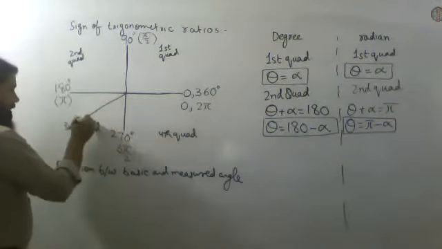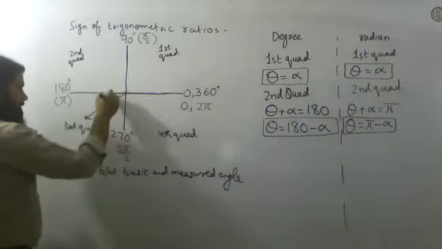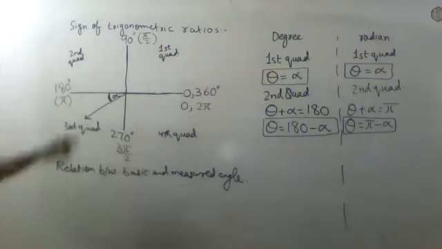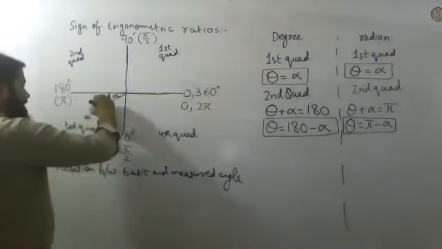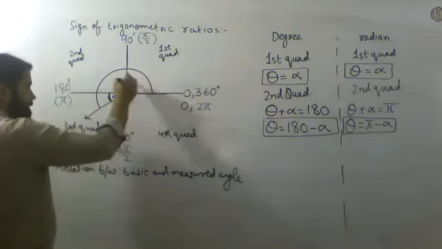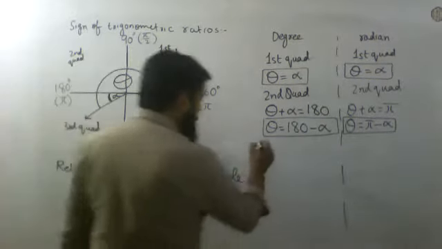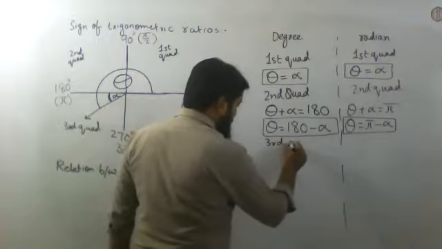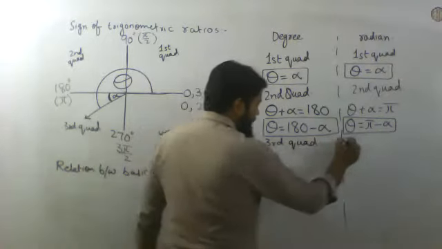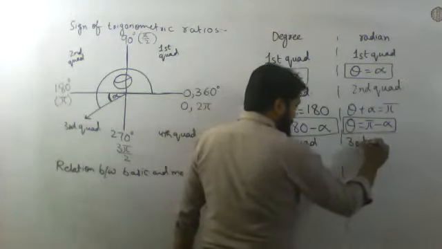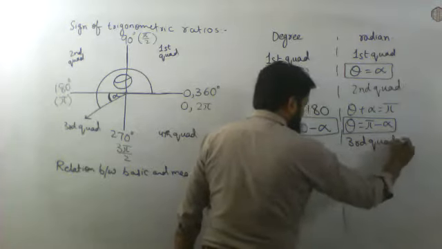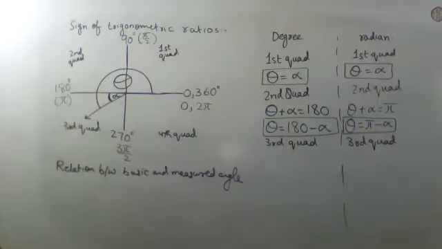Okay, so now this one, what will be the measured angle? Basic angle will be this one to the closest x-axis. And measuring angle will be this whole that is going to be measured angle. Now we are talking about third quadrant right now. So what will I do?